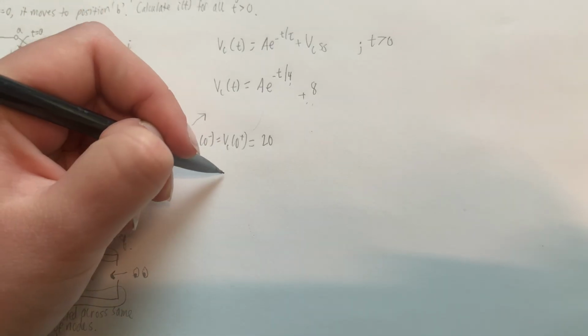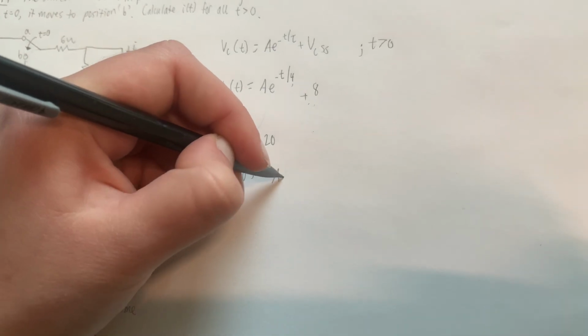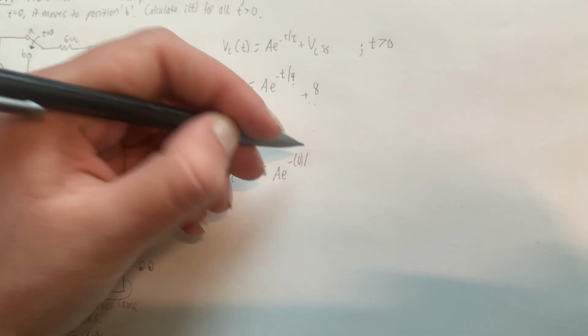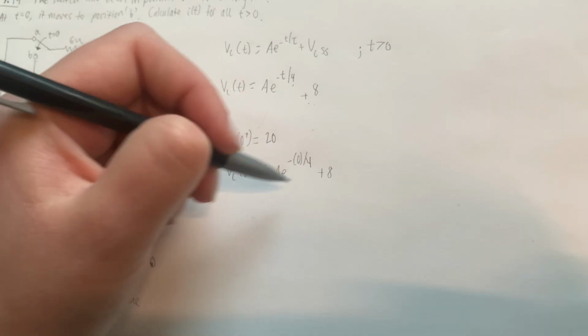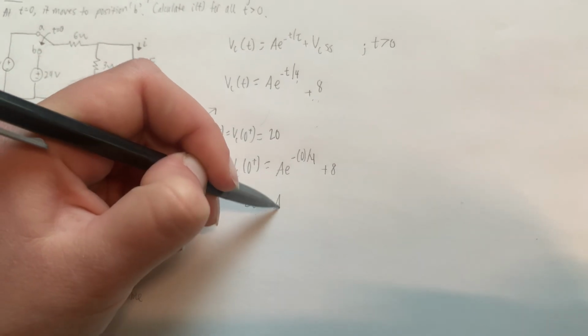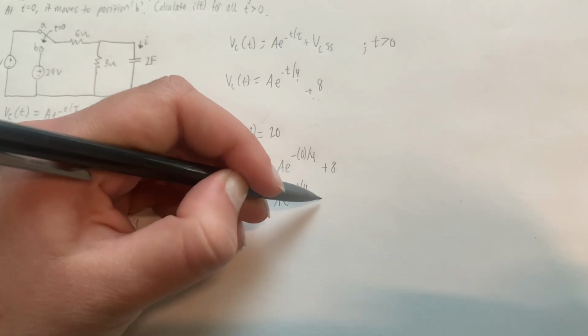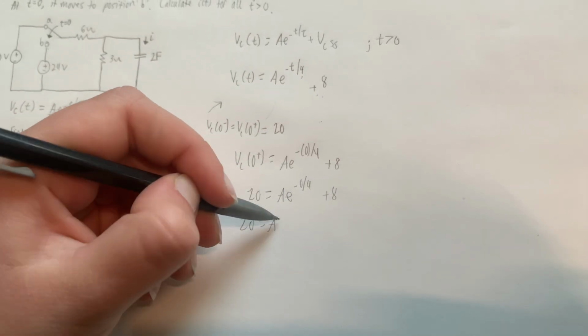So I'm going to plug that in. VC 0 plus equals A e to the negative 0. Remember, we're plugging in 0. Plus 8. And this equals 20. Equals A, e to the 0 is 1.